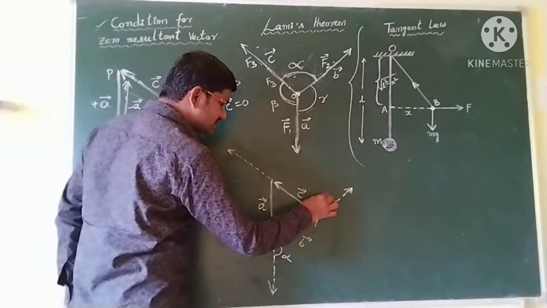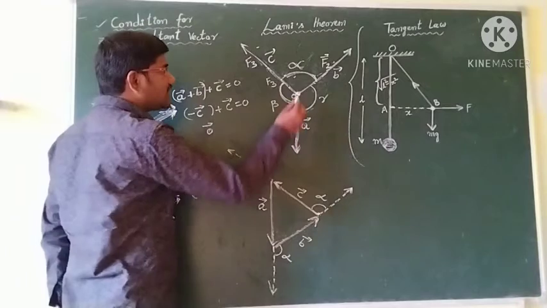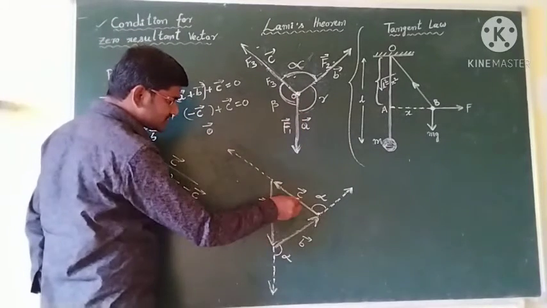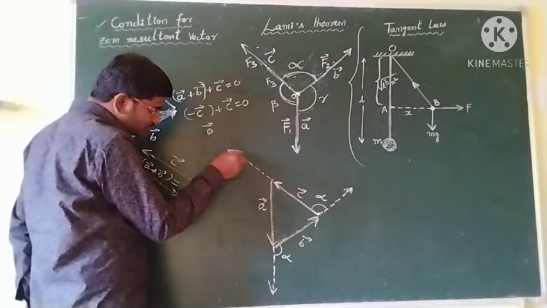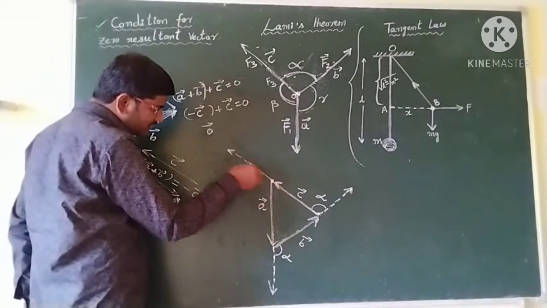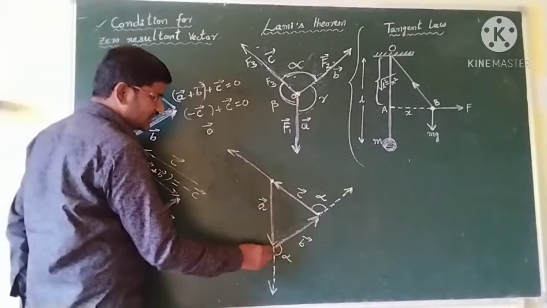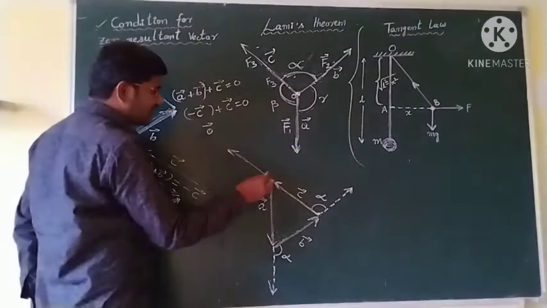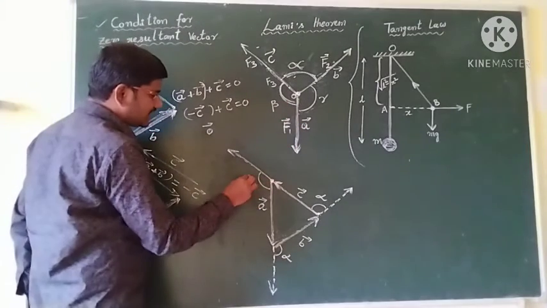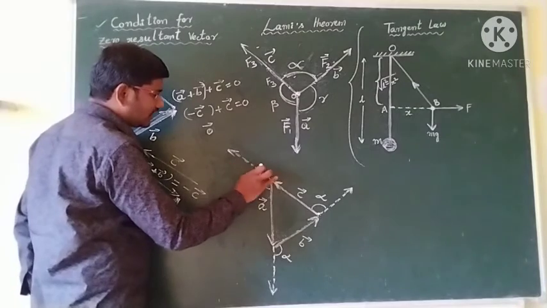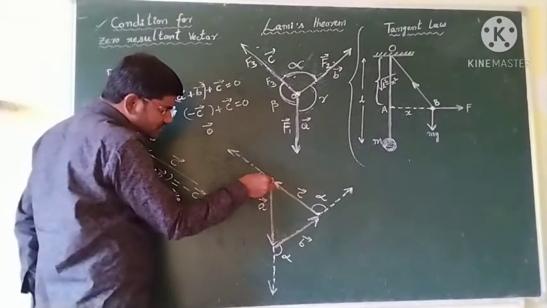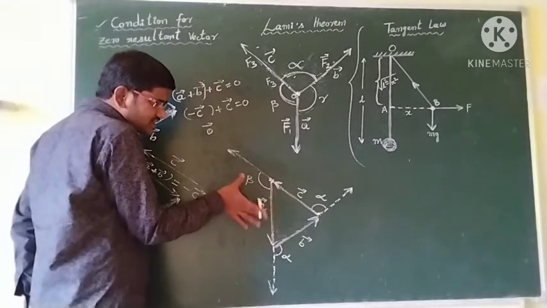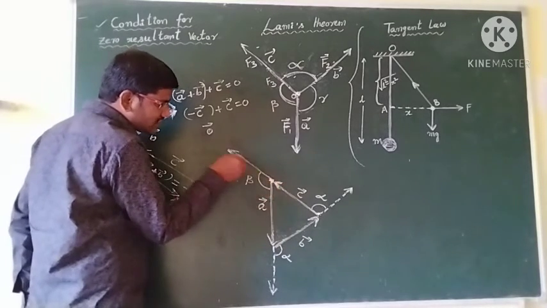This angle is called alpha, and similarly the angle between C and A. This is the direction of C, and this is the direction of A bar. Between C and A, the angle is beta. Taking the directions from one point, these two vectors must be co-initial.